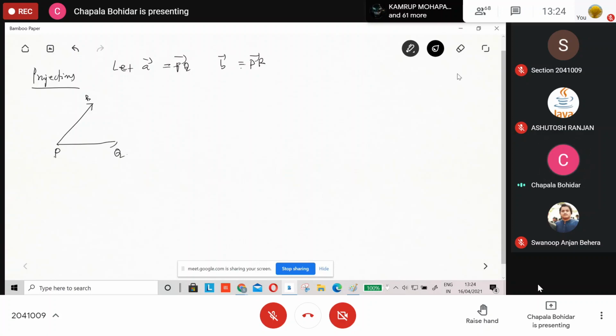Now, draw a perpendicular line from R to PQ and call the foot S. So S is the foot of the perpendicular from R. Then the vector PS is called the vector projection of B onto A.